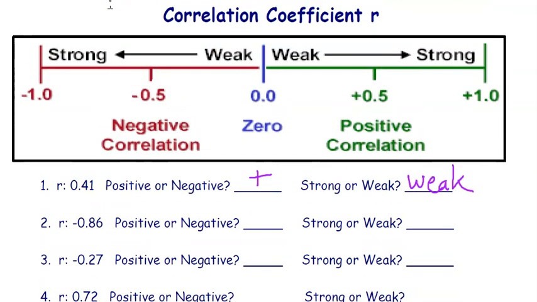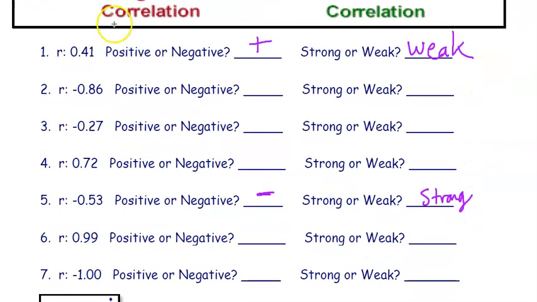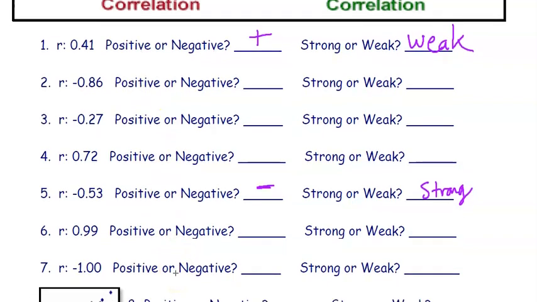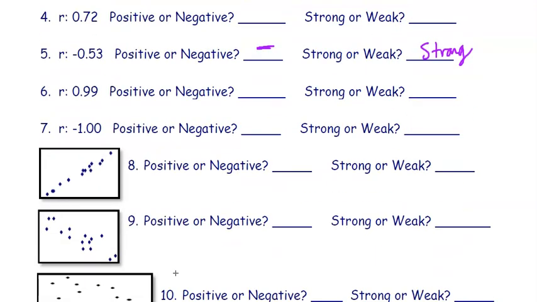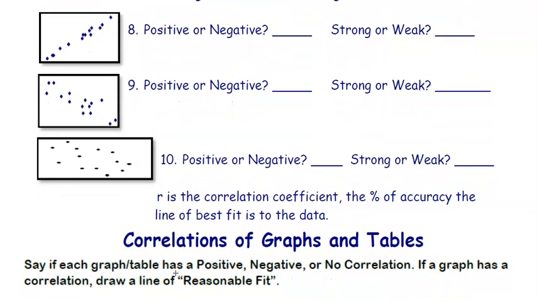It's in this area. Okay, try the rest of these examples on your own, and then we'll go to the next part. If you look at number 8, this is a positive correlation. It's a positive slope.